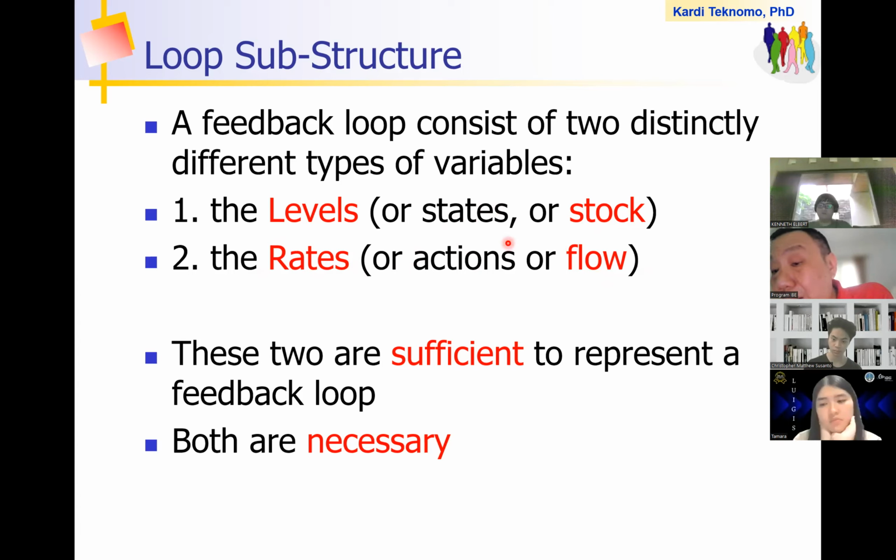For example, in a bank balance, the amount of money that you have in the bank is the level, right? The saving that you put in and the withdrawal, that is the rate. Is it clear? Suppose it is a parking lot. The number of cars inside that parking lot is the level, the state of the system. The number of cars going into the parking lot and the number of cars going out of the parking lot, those are the rates. Is it clear?